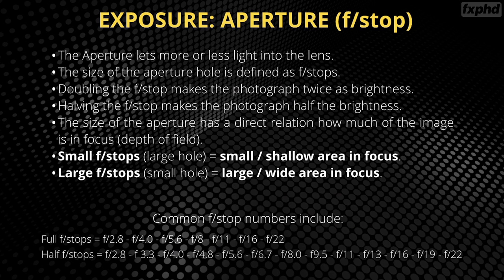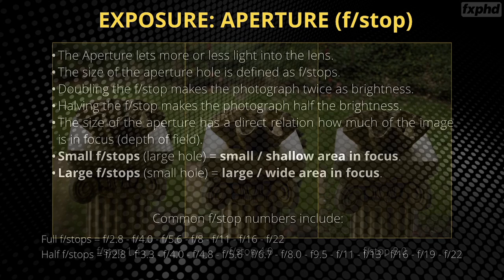A small f-stop, which is going to give you a very narrow depth of field, a very shallow focus, and a large hole, would be something like a 2.8. Whereas if you want to get the whole picture in focus and have everything sharp, you're going to want to go with a small hole, almost like a pinhole camera where everything's in focus, and you would have a number such as f22. And so that's a very small hole, large f-stop number, and you get a very wide area in focus in your image.